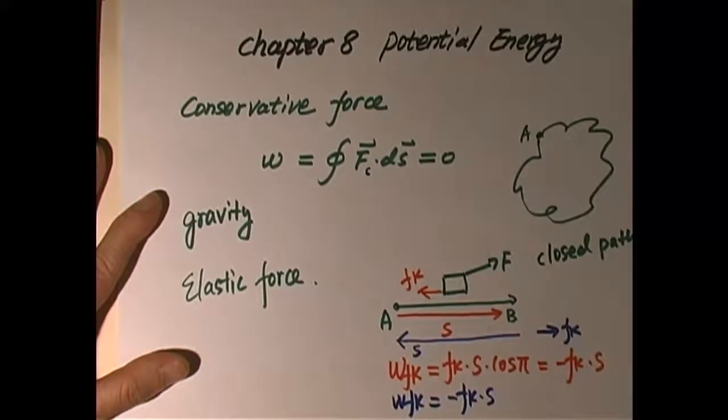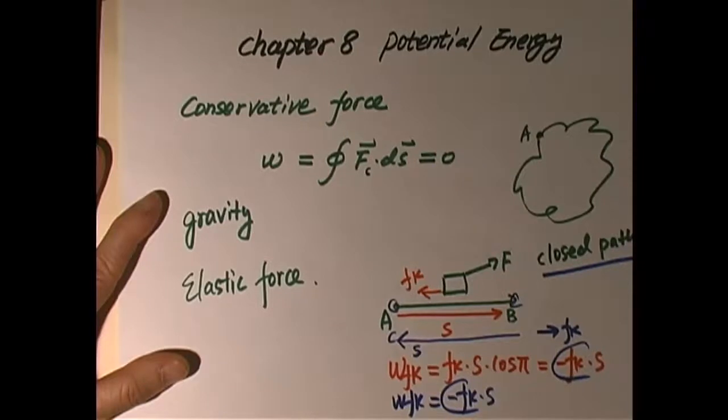So even though we start from A, go to B, and come back to A, this is a closed path. The total work done by this kinetic friction is the work from A to B plus B back to A. It does not equal 0. Obviously, that kinetic friction does not qualify as a conservative force.